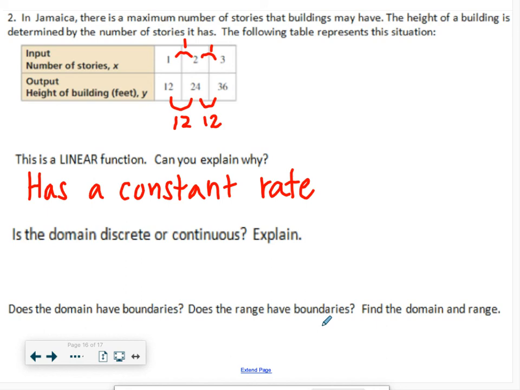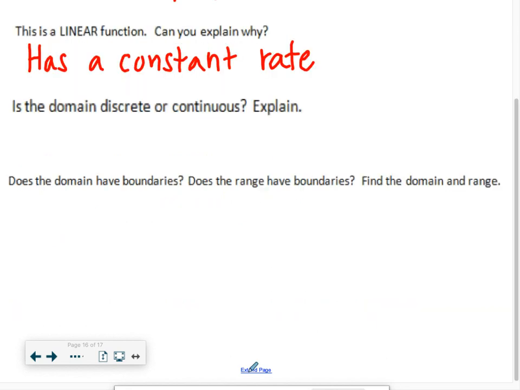And do we know what the maximum could be? No. So we could say a minimum of 1, and we don't really know what the maximum is, so we can put a question mark.